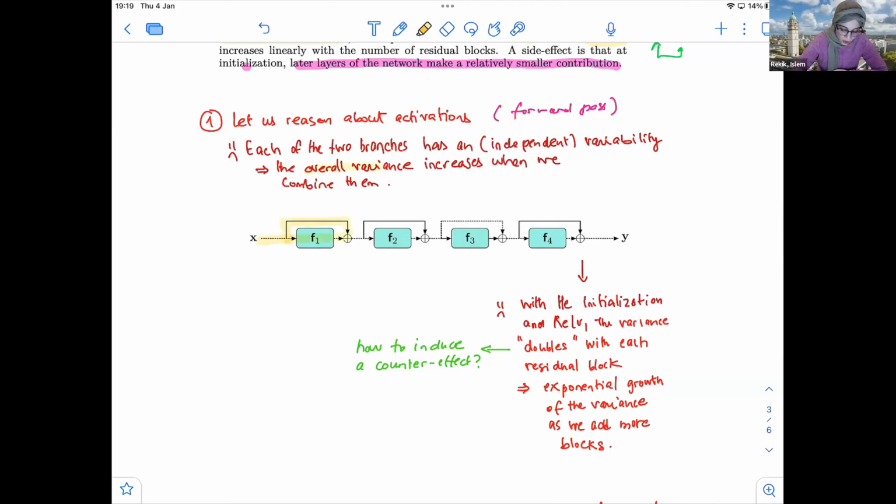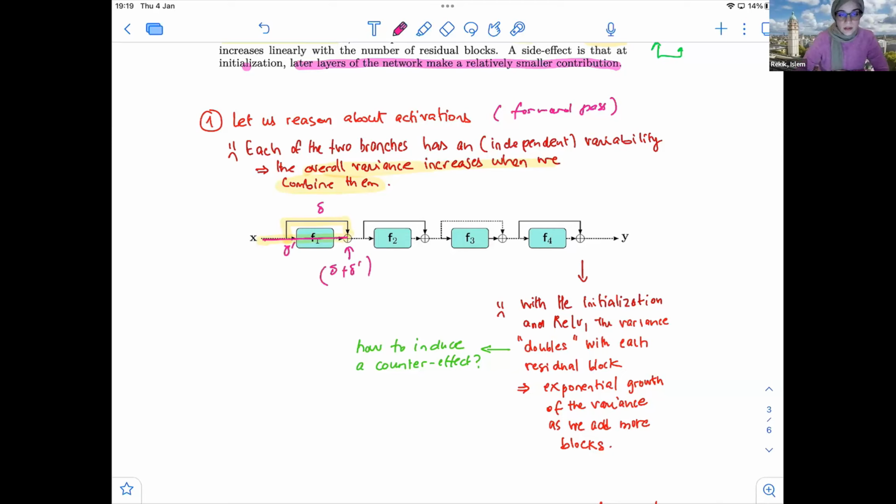So the overall variance increases when combined together. When we combine them, we're going to have higher variance. This has, for example, variance delta, and this second branch has variance delta prime, and you're going to have an additive variance, delta plus delta prime.